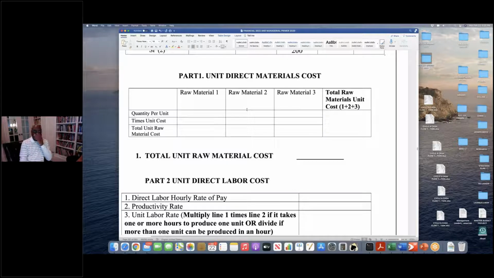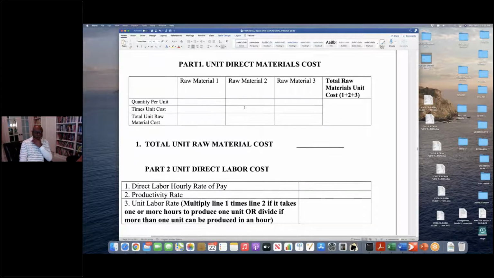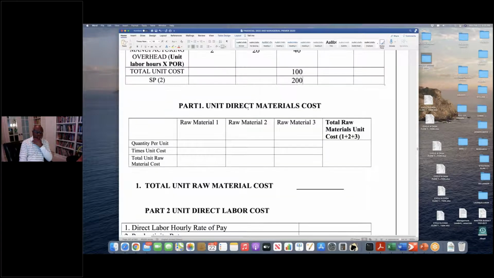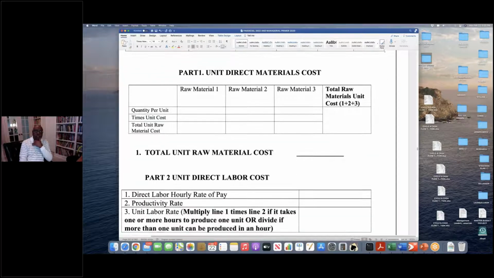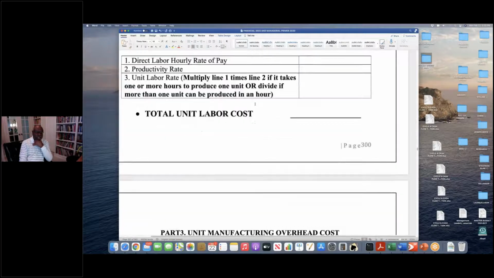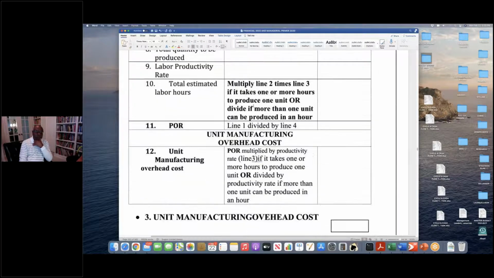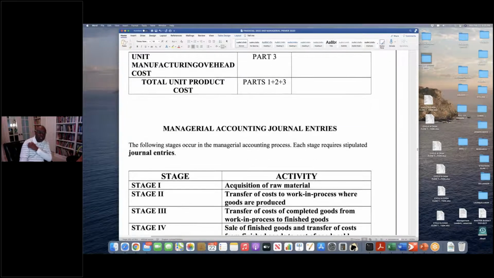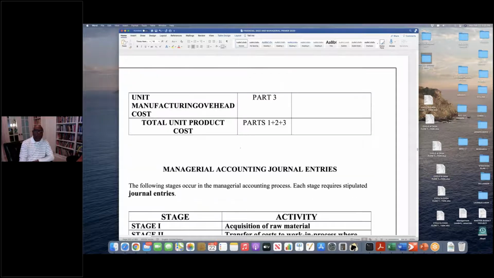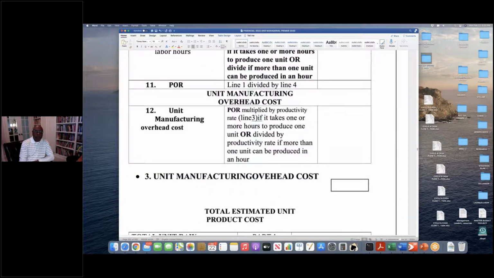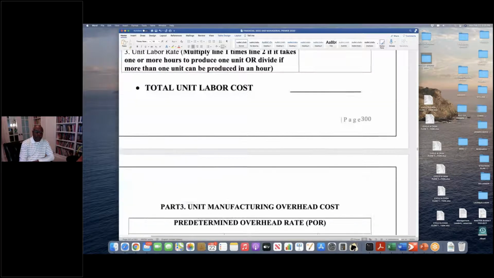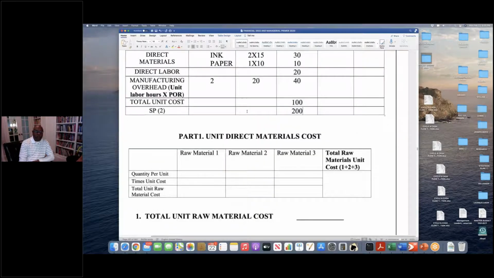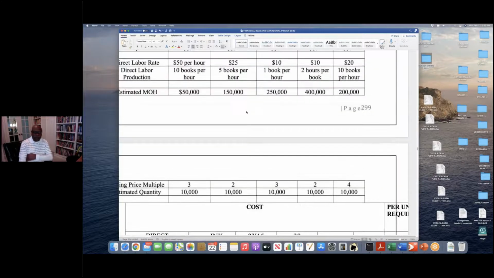So we have this template here that might be good to work with to make your calculations properly for each situation. All of this is in the primer.